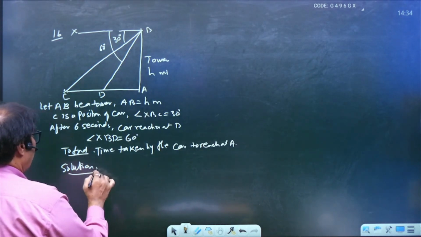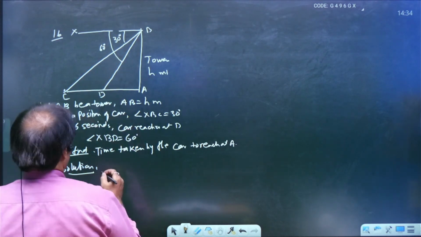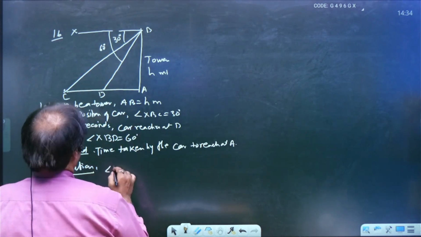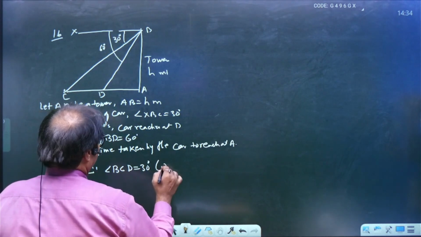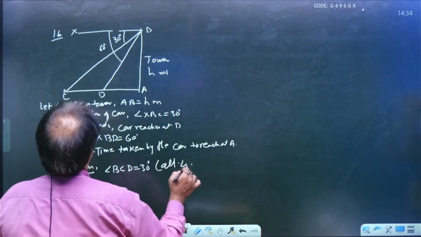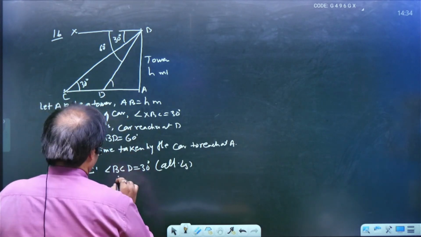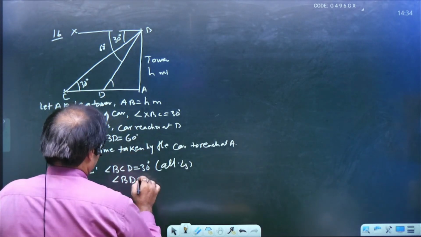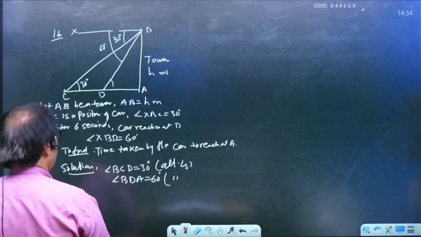See here, the solution. Okay, first transfer this angle. So angle BCD is 30 degree by applying alternate angles. And this angle BDA is equal to 60 degree by applying alternate angles.